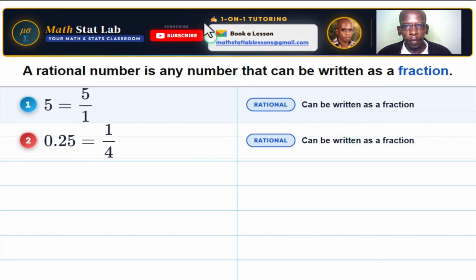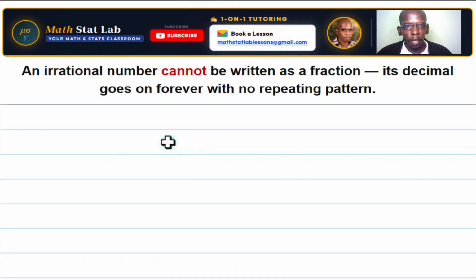How about irrational numbers? Irrational numbers are the opposite of rational numbers. An irrational number cannot be written as a fraction because its decimals go on forever with no specific repeating pattern.